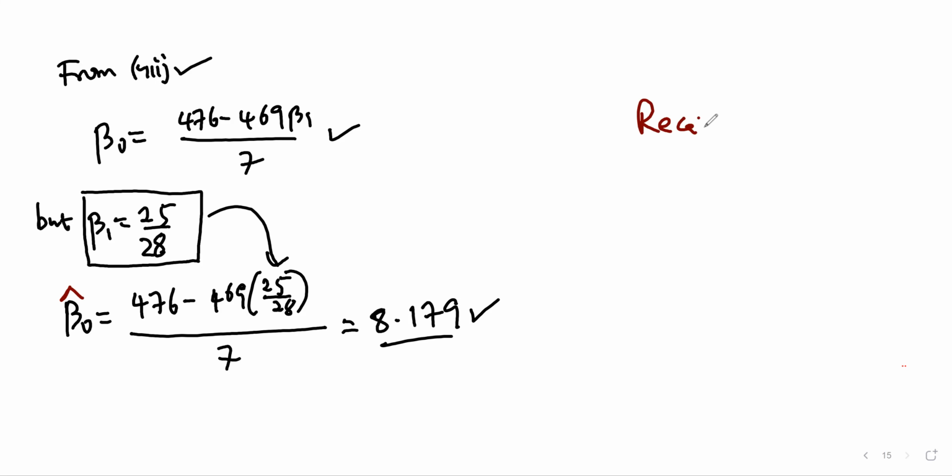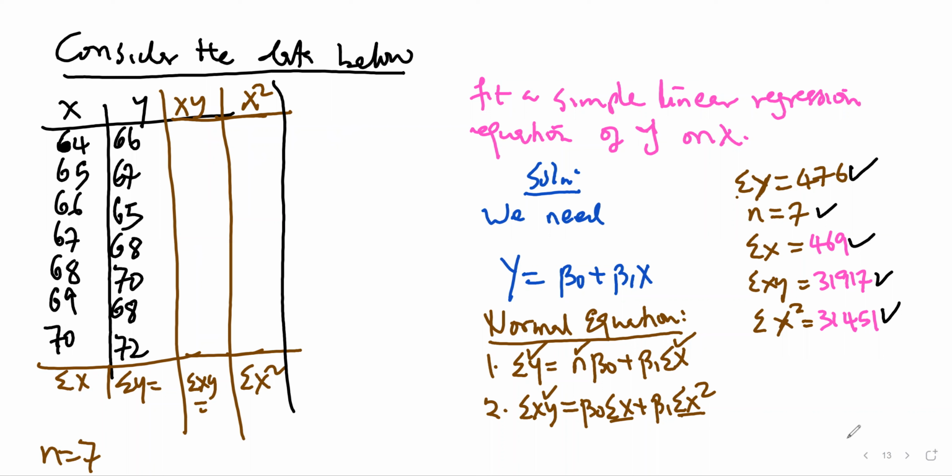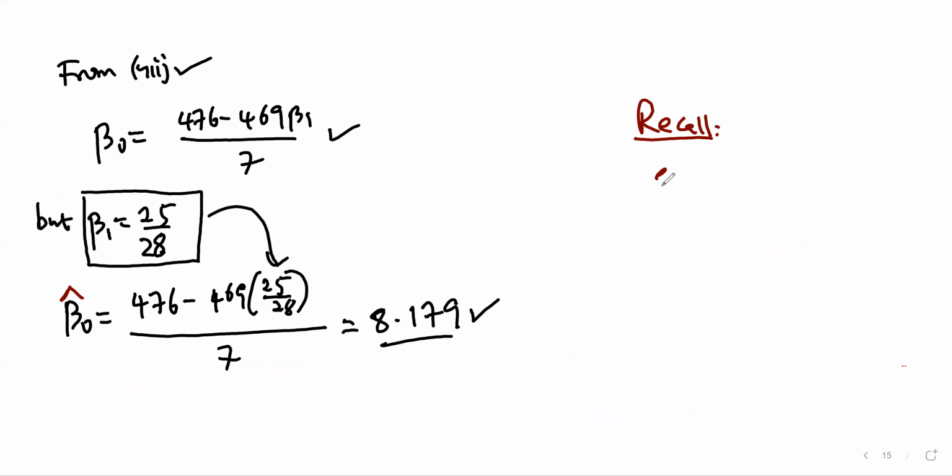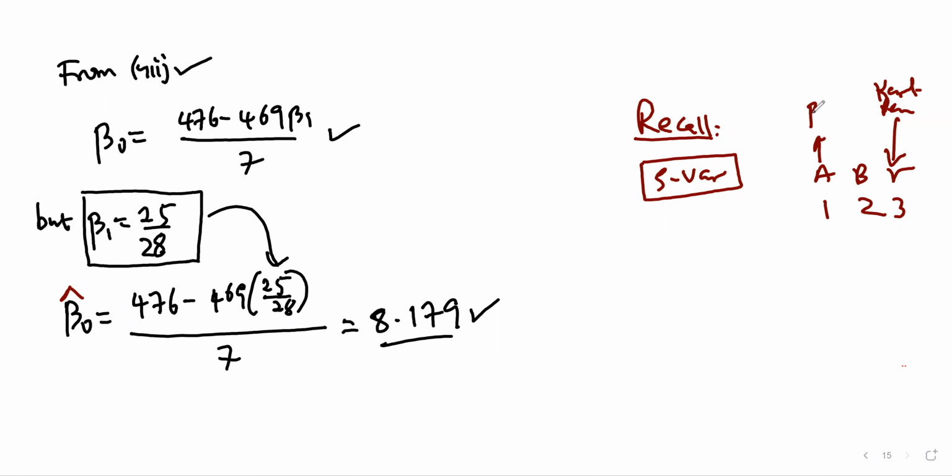Recall that when you have entered this data into the memory of your calculator, when you go to SVAR and press the navigation key, you will see these 3 options, where the last option here is the Karl Pearson's correlation coefficient, your R. Then this value of A here, which corresponds to this 1, 2, and 3, this one is beta naught, and this one is your beta 1.